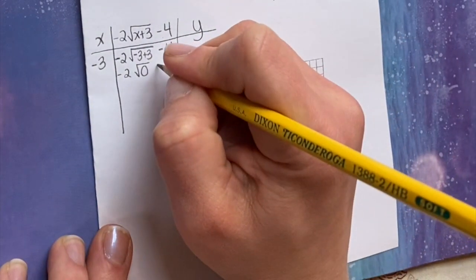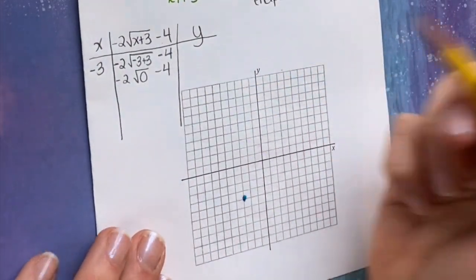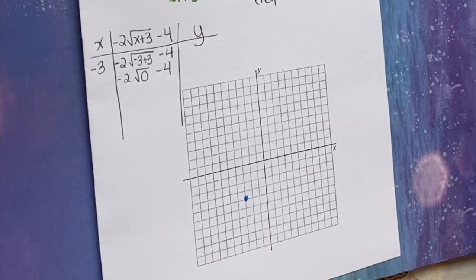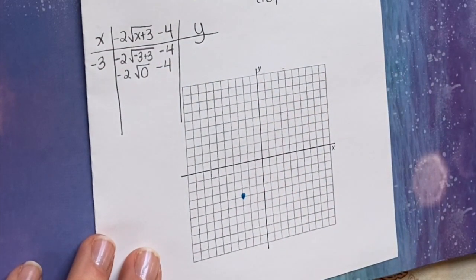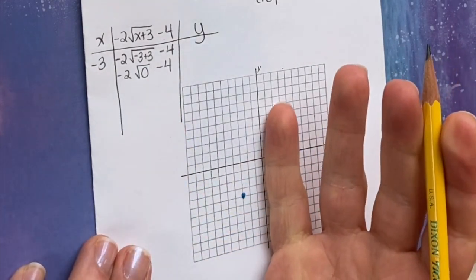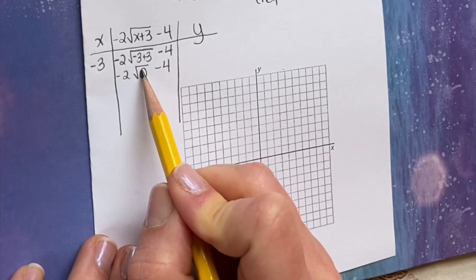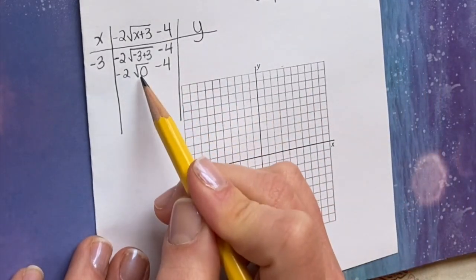0. And remember, going back to our parent function, 0 is our smallest perfect square. So notice how that works out. So the square root of 0 is 0. Now continuing with the order of operations.